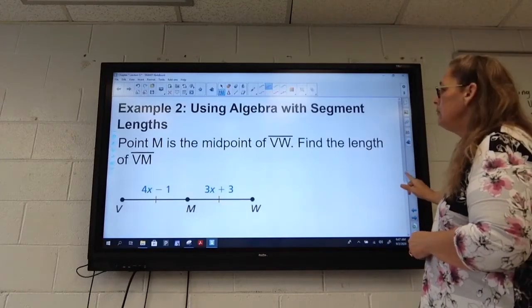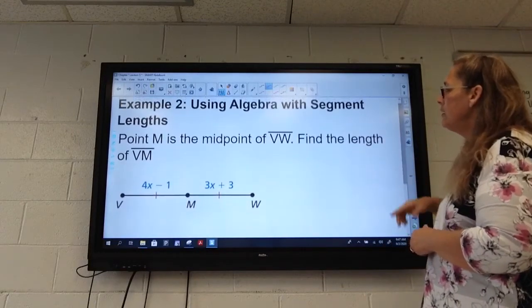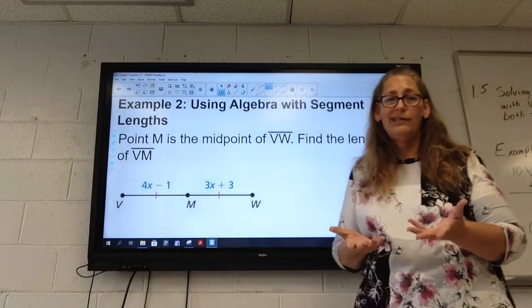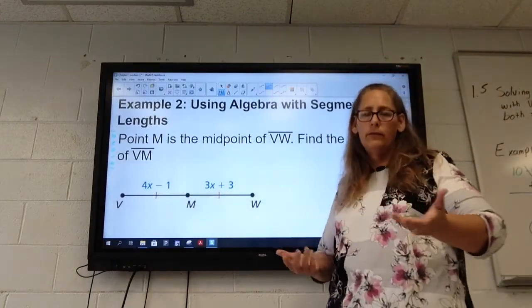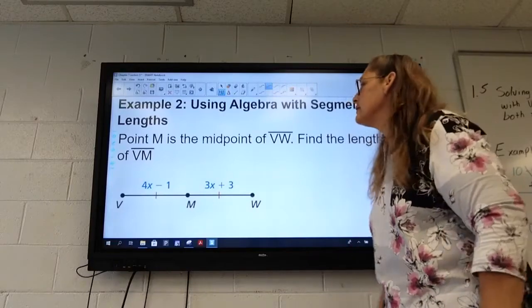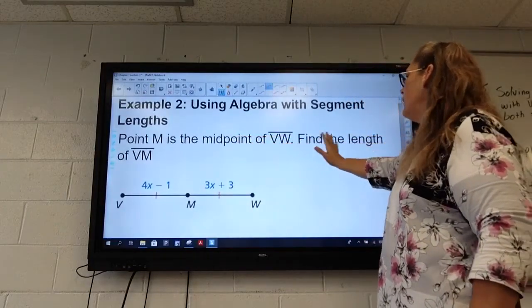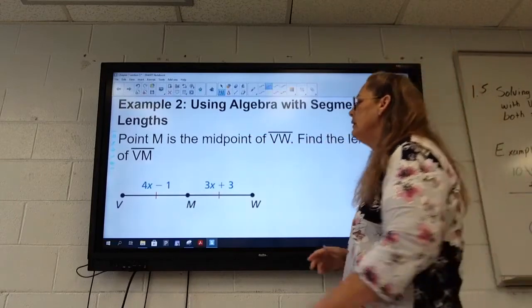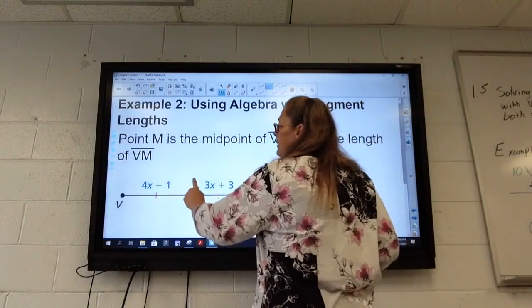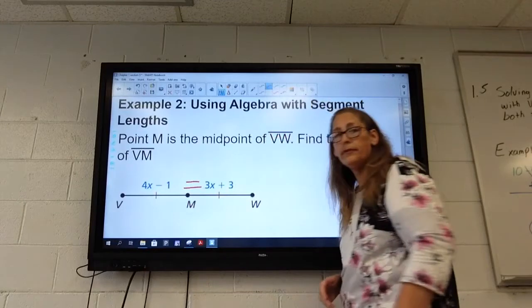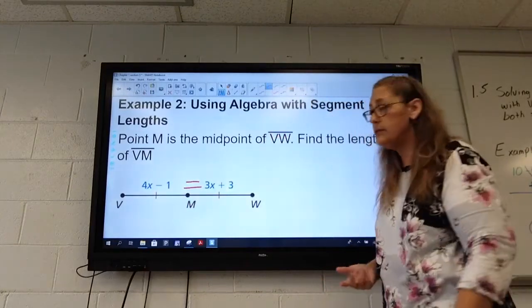Alright, so when we use algebra with the segment lengths, which is what we did basically, we have to add the variables because it's necessary. Point M is the midpoint of VW. Find the length of VM. Well, if these are congruent, that means they're equal. There's your math problem. Just set them up and solve.